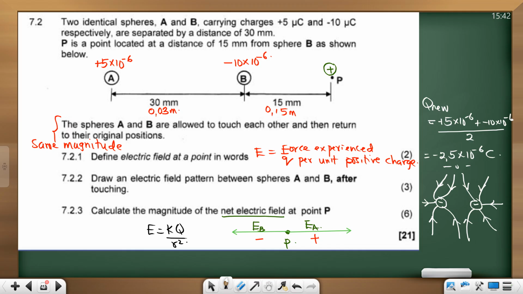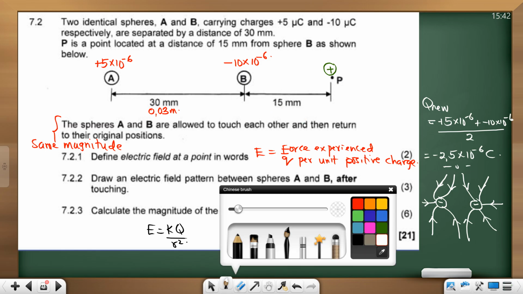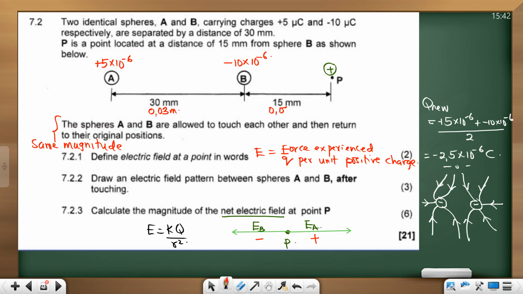Is it 45? 30 plus 15 will give us what? 45, right? So it's correct. But is this 0,03 correct? 1, 2, 3. This is 0,015. Yeah, we are all tired today. Okay, which still gives me my 0,45 anyway.